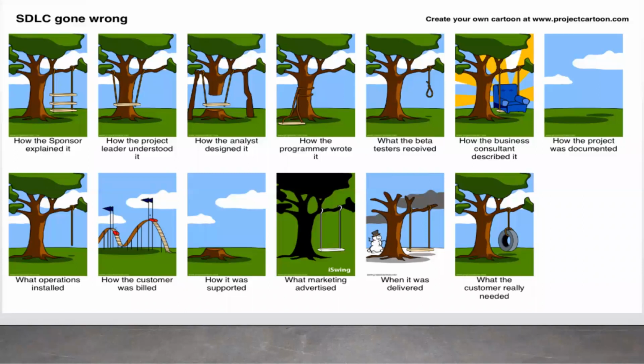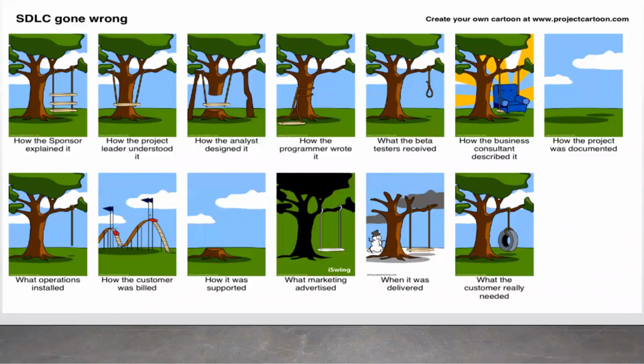And I did explain what generally tends to happen in projects from a software development point of view, and that's what the SD stands for, and LC is life cycle. The sponsor explains something, the project lead understands it a different way, then the analyst designs it a different way.